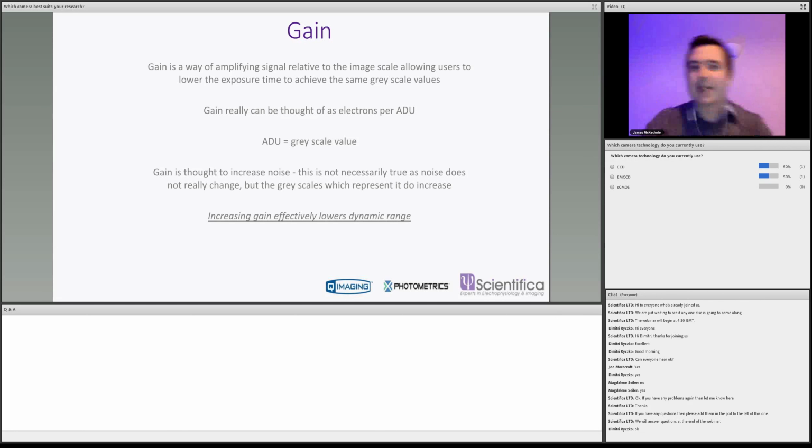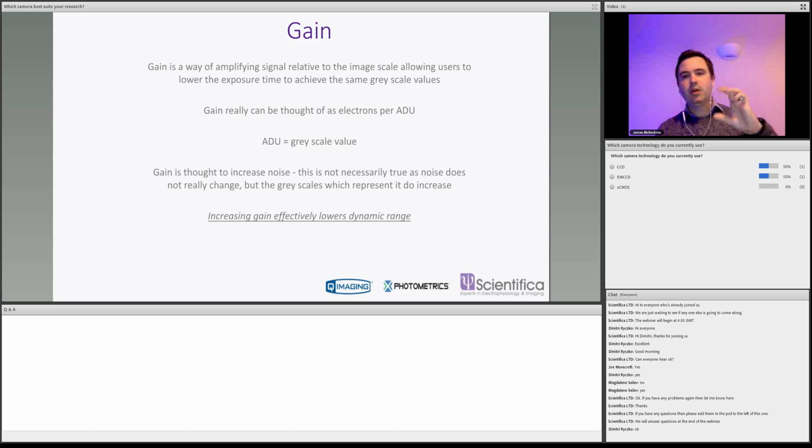Well, as a gain in the factory, we would set that as a standard gain state to be for every 2 grayscales, you have 1 electron. So 2,000 goes into 4,000.